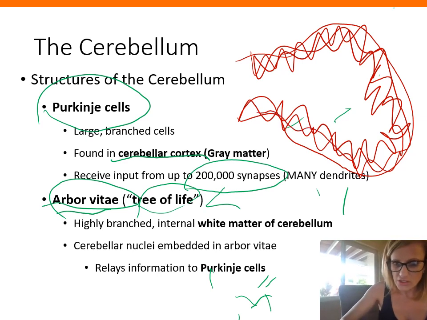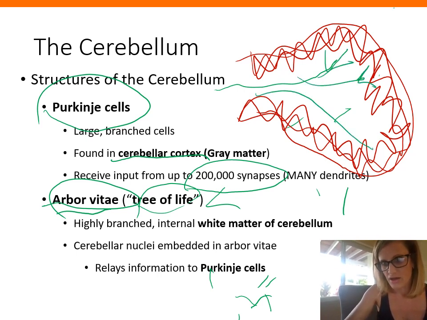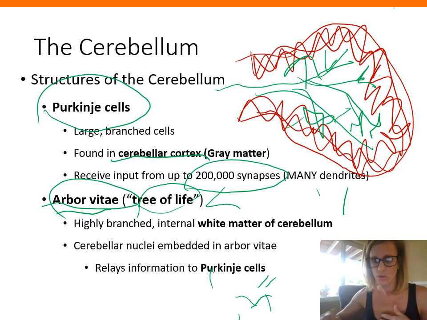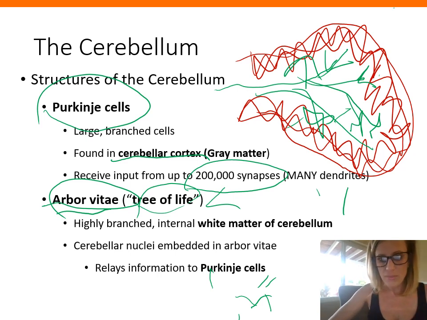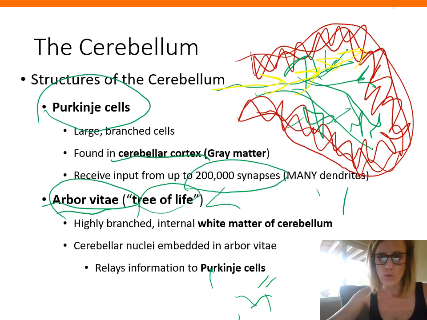And then in the center, this is where we have our arbor vitae, right? Our tree of life that comes and it branches so that it can go out to all of the different areas in the cortex. Again, what happens is messages come in via these axons of the arbor vitae, and they'll make their way out to the cortex where the Purkinje cells process that information.